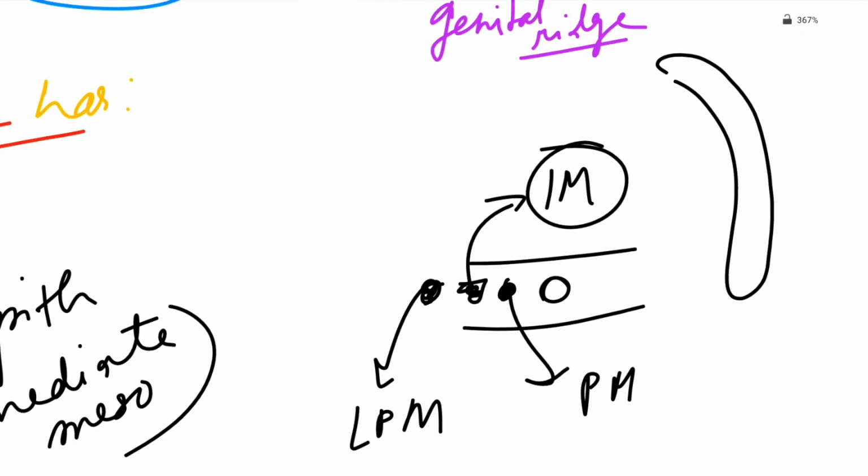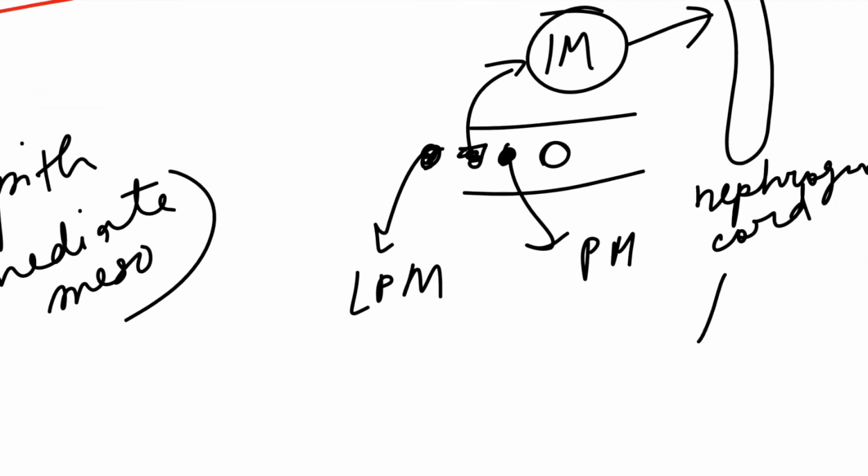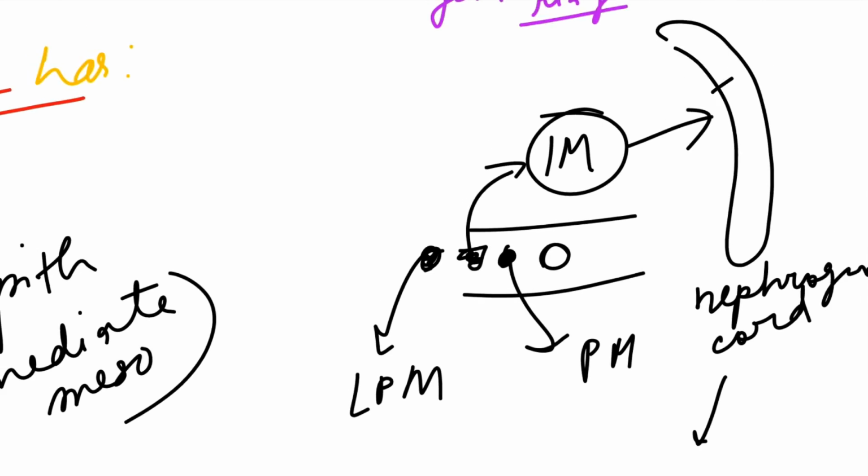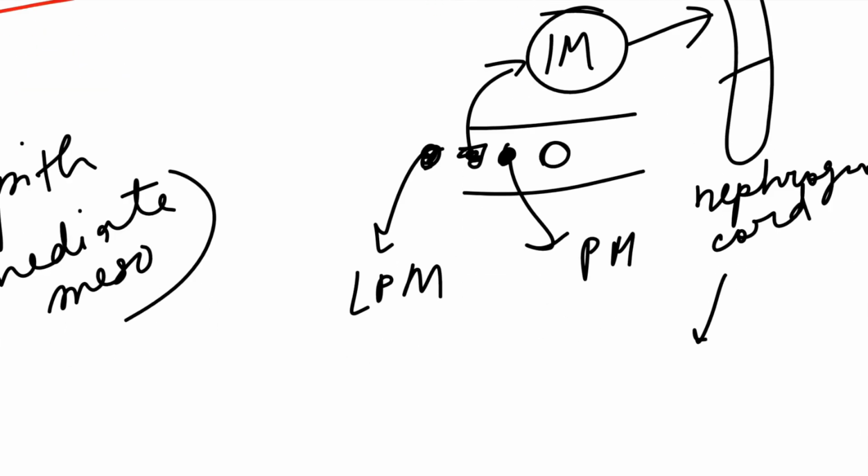The different segments of the nephrogenic cord separate. One is the mesonephros, then we have the metanephros, which is going to form the kidneys.